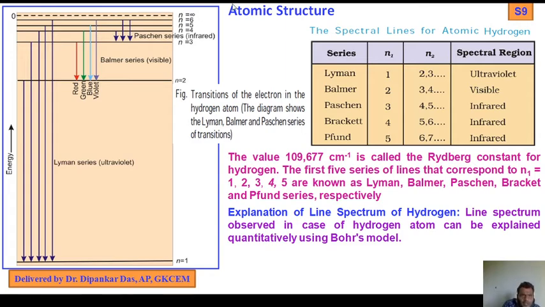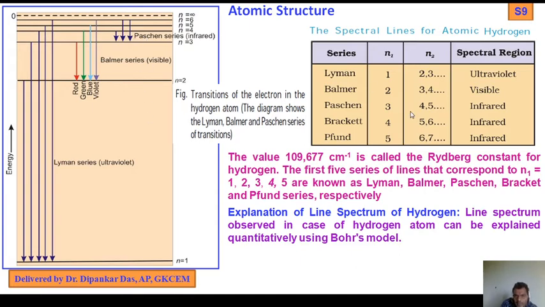In case of the Balmer series, where the N1 value is 2, the transition will start from 3, 4, 5. So in Lyman, N1 equals 1, that's why the N2 transition is from 2, 3, 4, 5, 6.